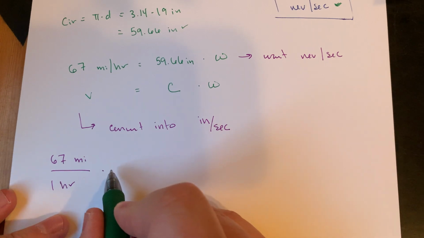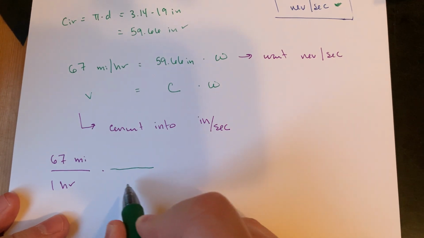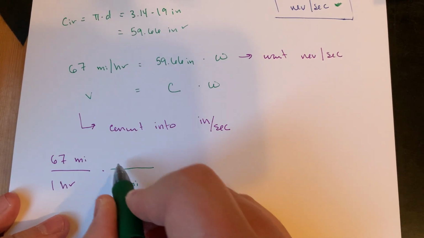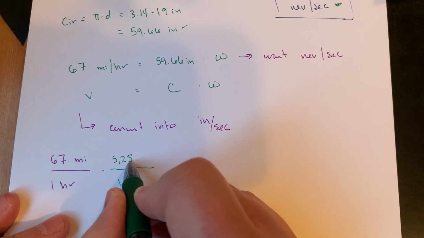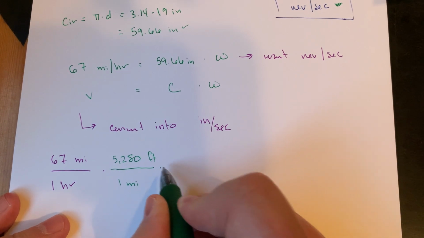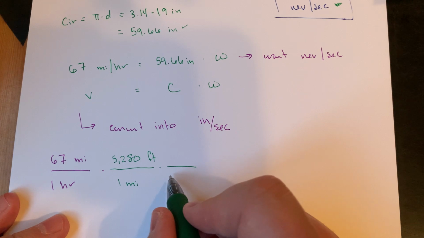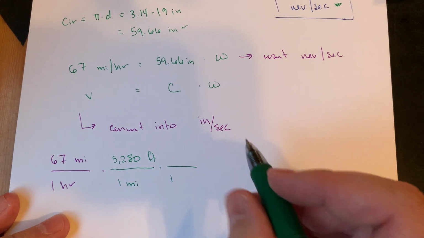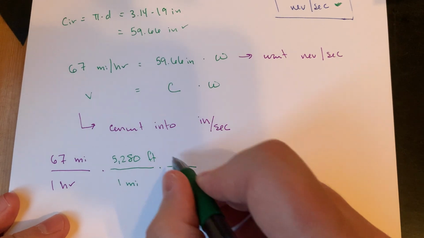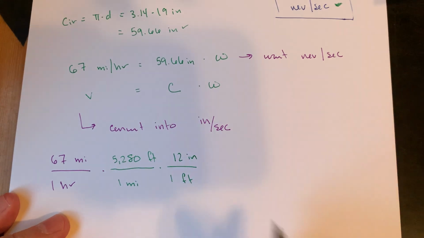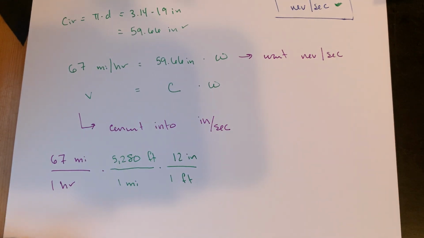So what did we say? Inches. So 1 mile is 5,280 feet, and then I know there are 12 inches for every 1 foot.